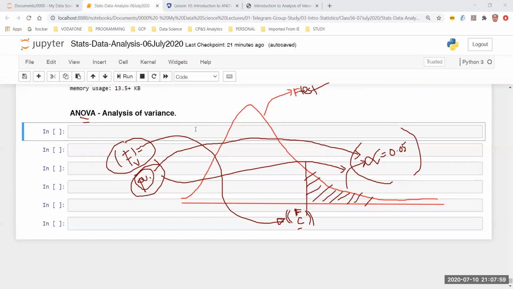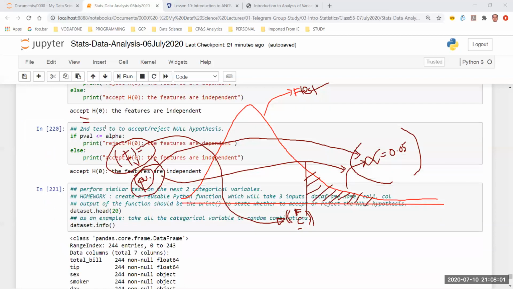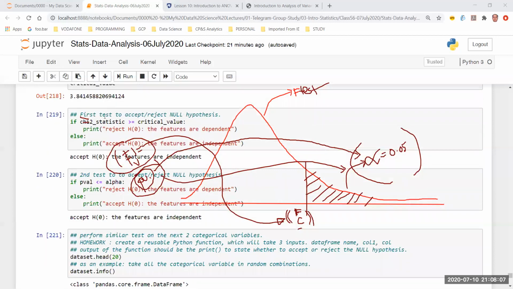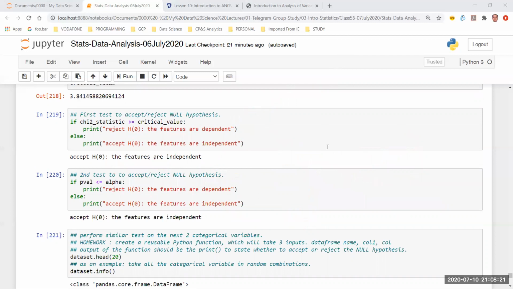If P value is less than alpha, I reject the null hypothesis. If the statistic value is greater than or equal to the critical value, which means if this F value is greater than or equal to the critical F value, then I can reject the null hypothesis, else I'll have to accept the null hypothesis. I hope until this point it was clear.